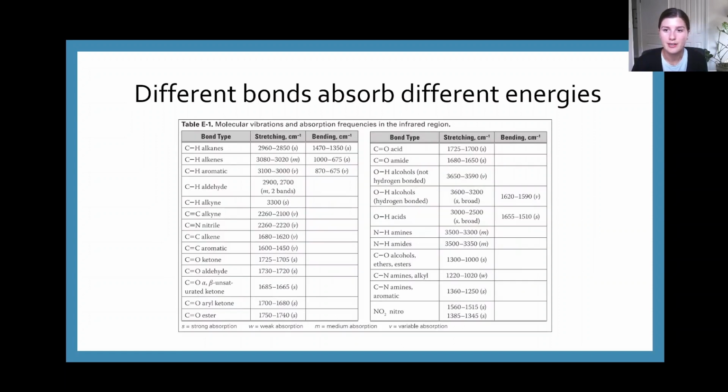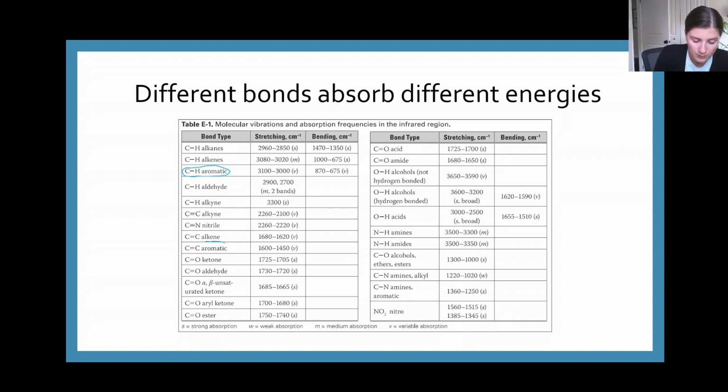Here's a table that I'll share with all of you. I'll upload it to our class website. This shows all the different frequencies, different wave numbers that correspond to different bond types. You'll see that we have all of these carbon to hydrogen bonds, the first three. The aromatic carbon to hydrogen bonds have a slightly higher stretching wave number than the non-aromatic carbon to hydrogen bonds.